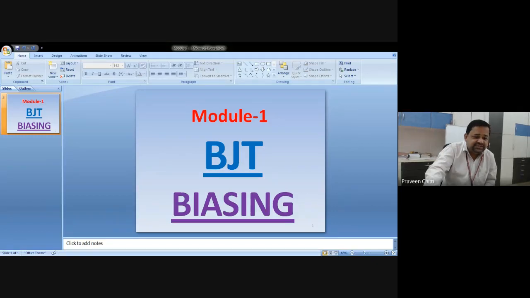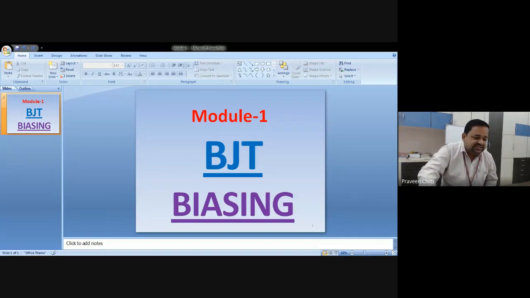That's what we are going to discuss in this particular part of this module. We'll discuss one by one what the three different biasing circuits are and how they provide biasing to the transistor. As I have already told you, in all three biasing circuits we use a single biasing battery VCC in the collector, along with some resistive elements.